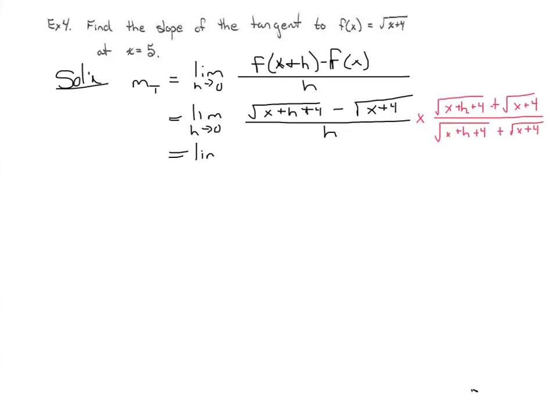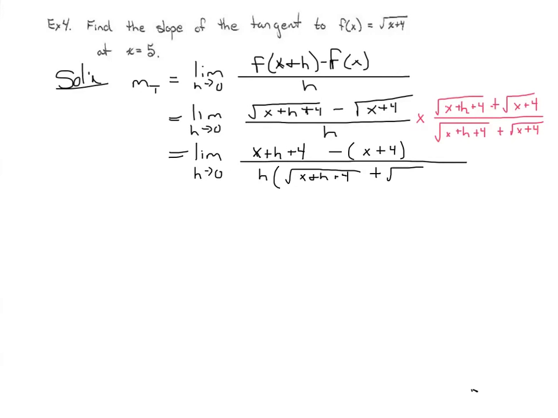So we're going to have the limit of h approaching 0. In this case, since we're going to multiply it through, we'll end up with x plus h plus 4, its square, minus the square of x plus 4 itself, all over h times this conjugate, the square root of x plus h plus 4 plus the square root of x plus 4.